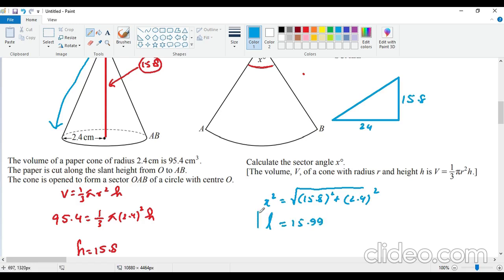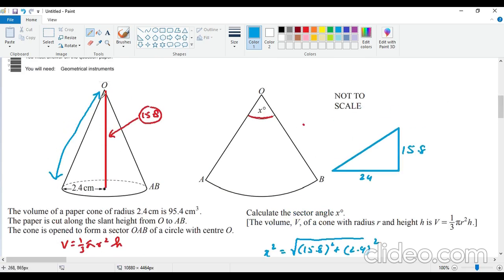So two things are ready for us to use. Height is 15.8, and the slant length, this one is the slant length, or slant height, I must say. Okay, so this triangle is solved.